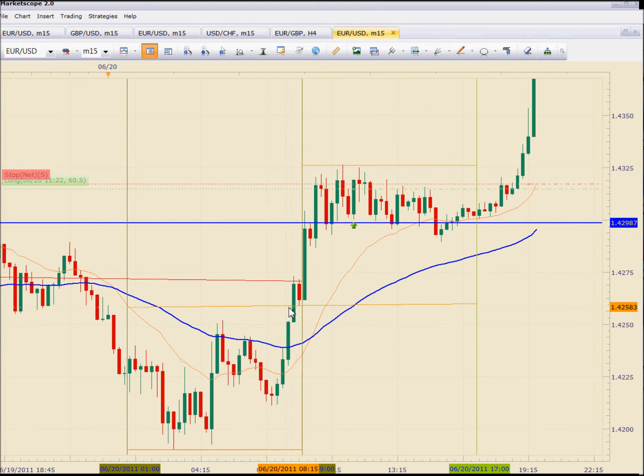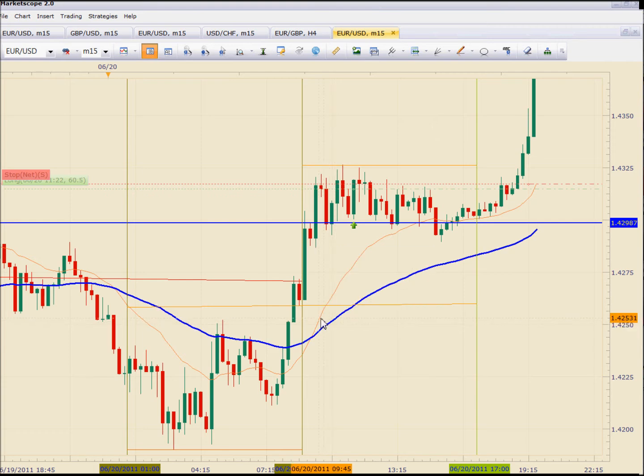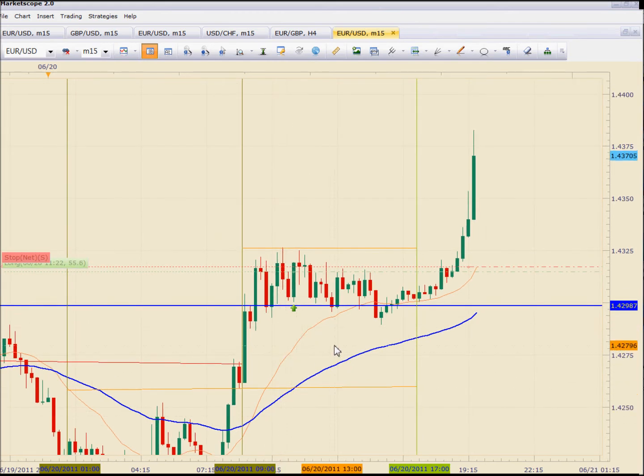The candle closes outside here, and then we get our signal for an uptrend. We get a signal right here. And after I get the signal right here, I know that the market wants to continue up.